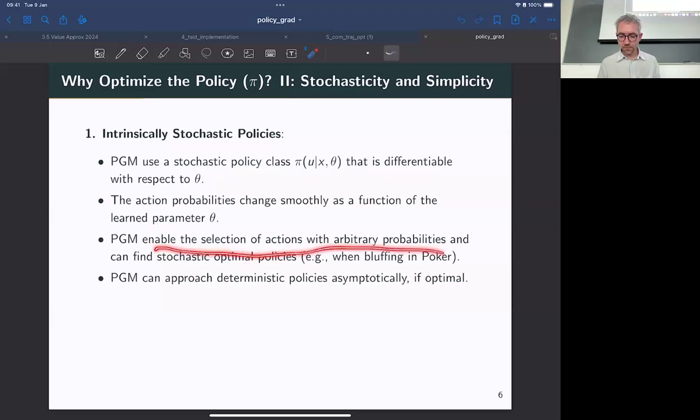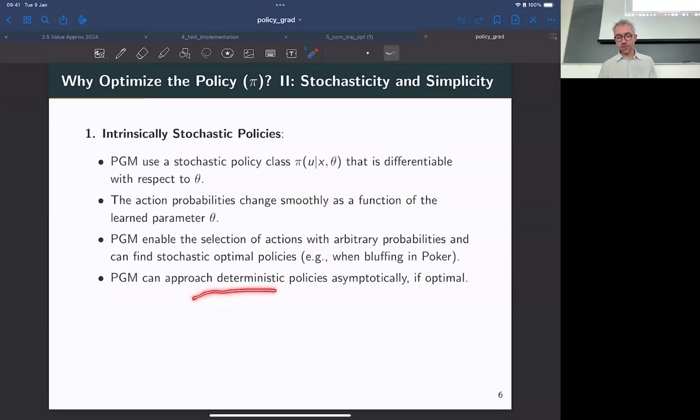And they enable the selection of actions with arbitrary probabilities. So if you have an environment where the optimal policy is stochastic, like if you're trying to train an agent to play poker, in that case, the optimal behavior is stochastic, it's not deterministic, because you want to introduce things like bluffing, and that works only if you're stochastic. Then you can learn a policy that learns to behave in a stochastic way.